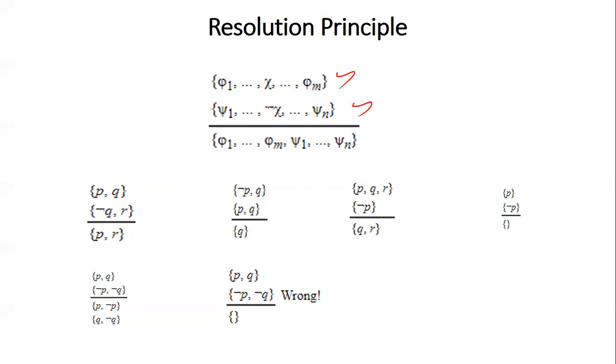There is one negation of x1 here. So here we have x1, here we have negation of x1. Then these two things will be cancelled out. So the resultant one will be everything from the first clause other than this x1, and everything from the second clause other than this negation of x1. So that will be the resultant thing.